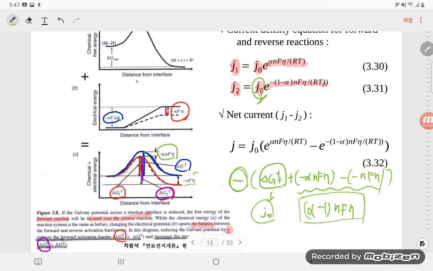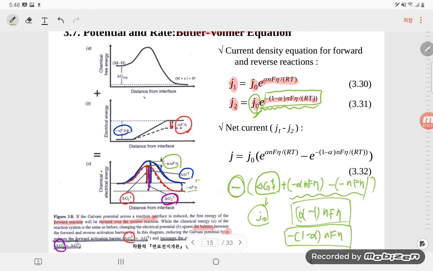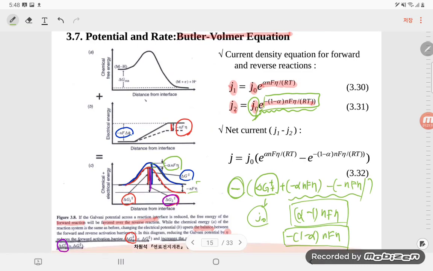Okay, let me see. They go to this term, exponential minus 1 minus alpha NF eta. So it goes to this term. Okay, so that is the current density for the reverse reaction.